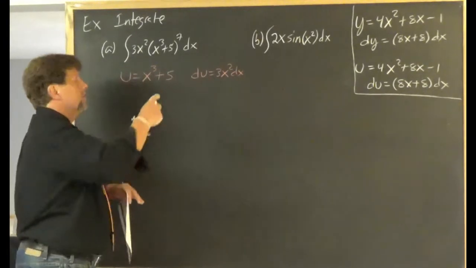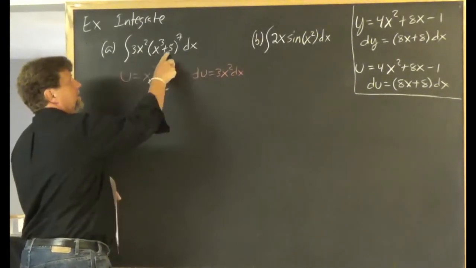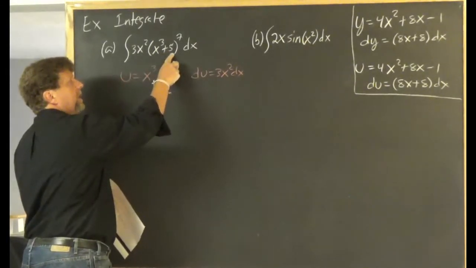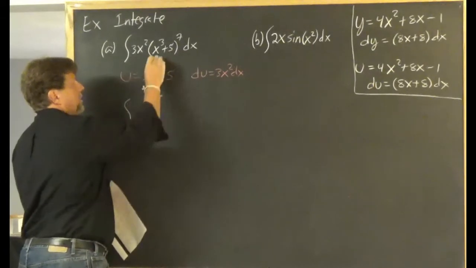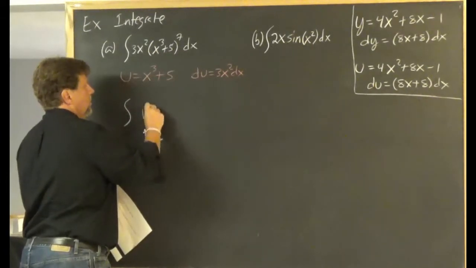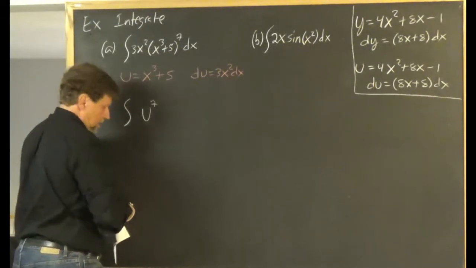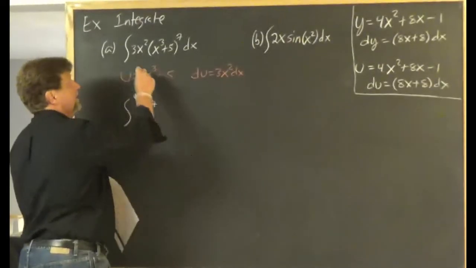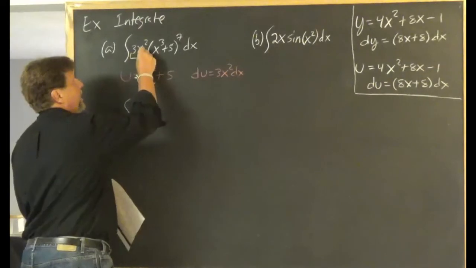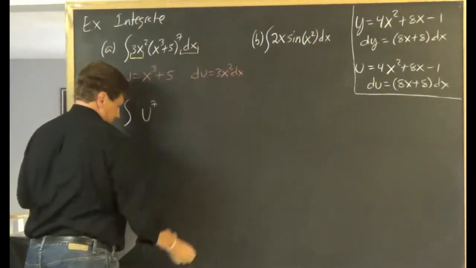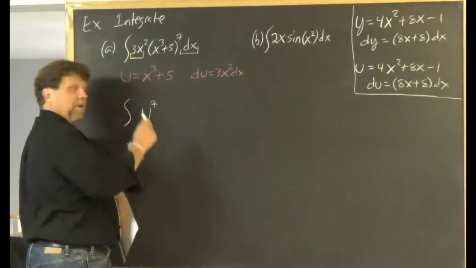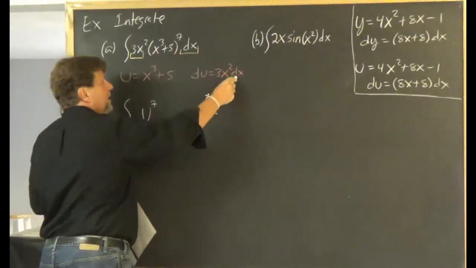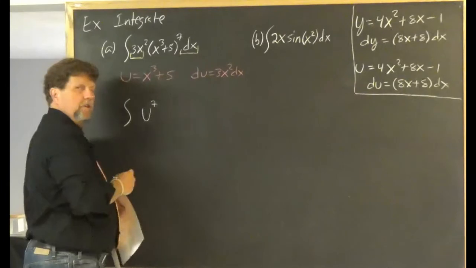Now look at the original integral. X cubed plus 5. I'm going to put u in place of the x cubed plus 5. So that leaves me with a u to the 7th. Now in the original integral, I still have a 3x squared dx. But notice, 3x squared dx is exactly equal to du.